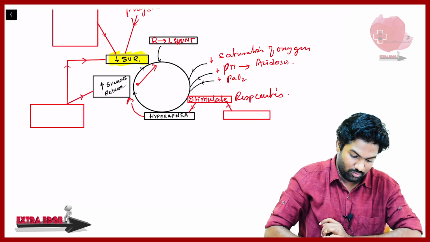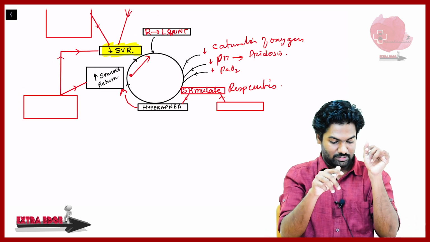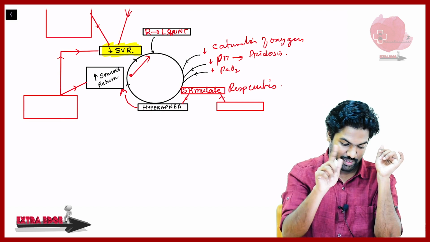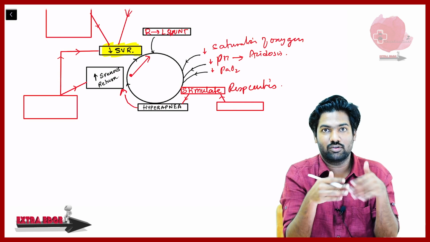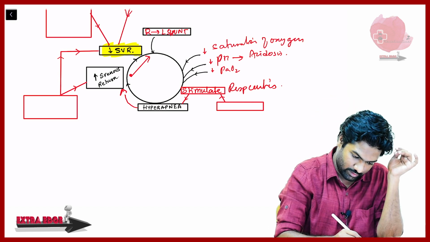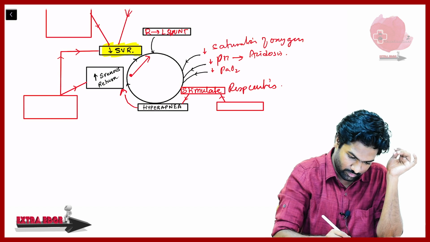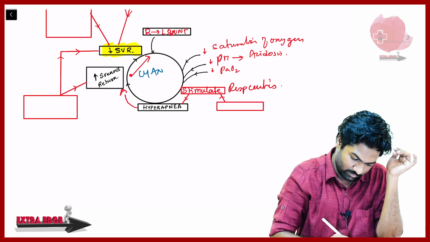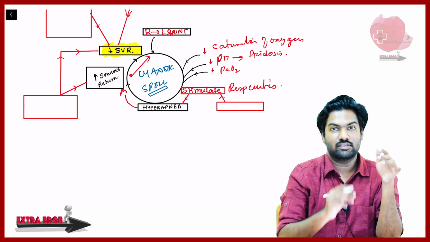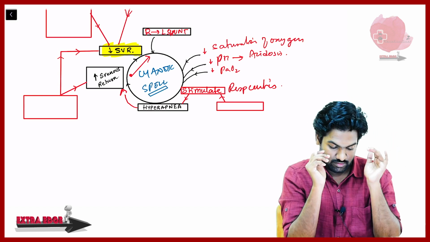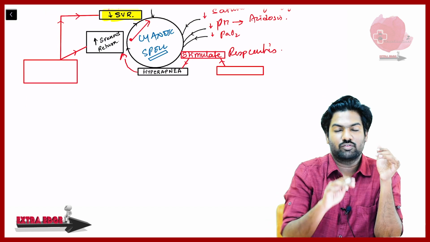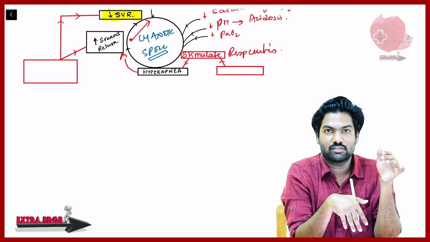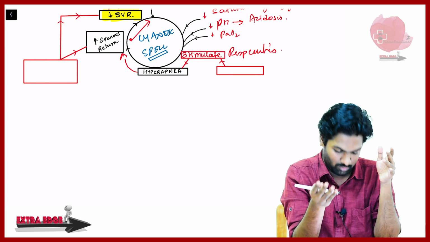Now in this, whatever the black things are there, they are the ones which cause the child to have a cyanotic spell. This is a cyanotic spell. This is one of the 5 markers for you, where just drawing this simple diagram might fetch you as good marks.